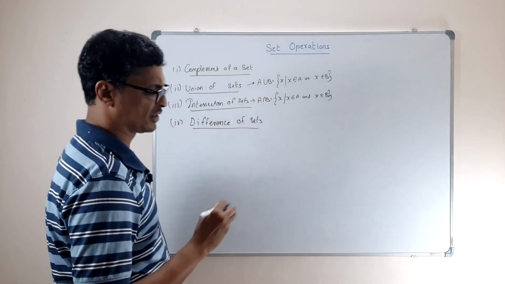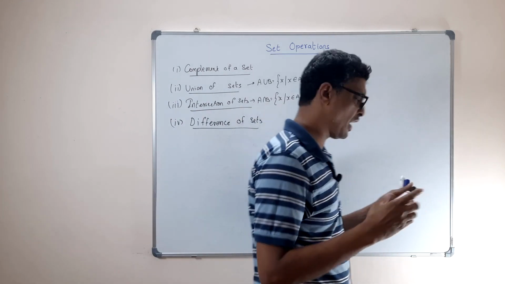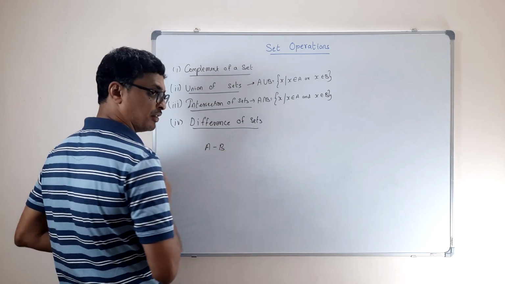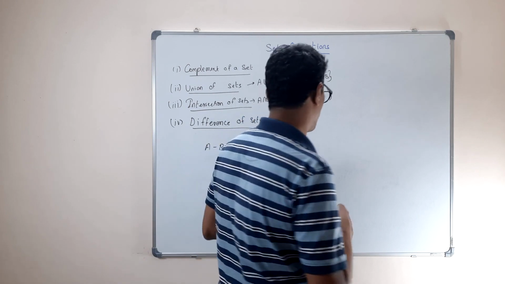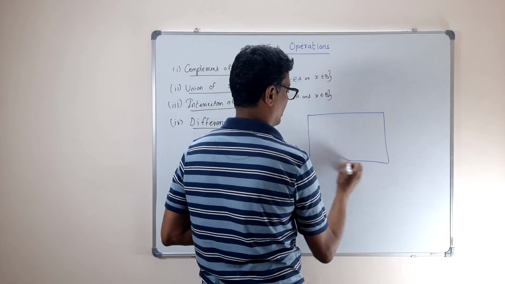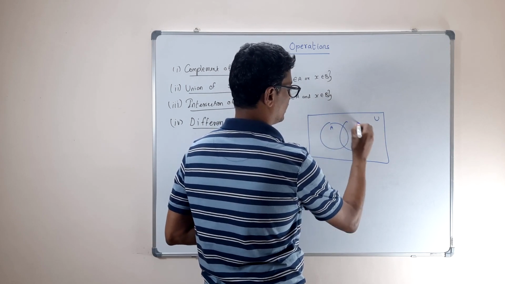Simple. So if you say A minus B, the symbol is typically A minus B. If I draw a Venn diagram you can easily see: U, this is A and this is B.